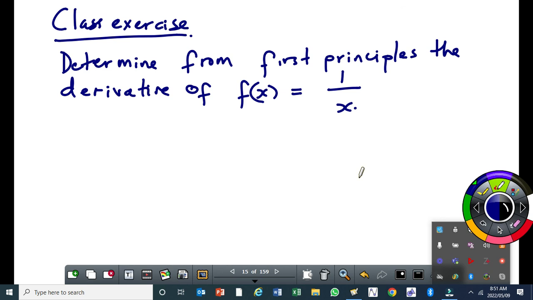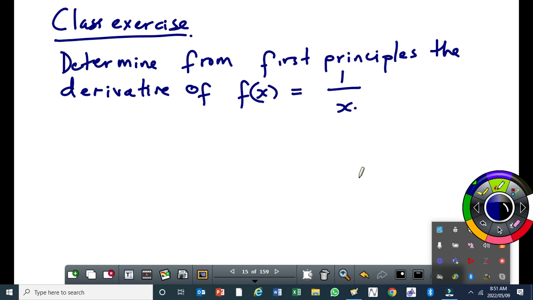Are you aware that this function expression becomes 1 divided by x plus h? Yes, don't complicate things.